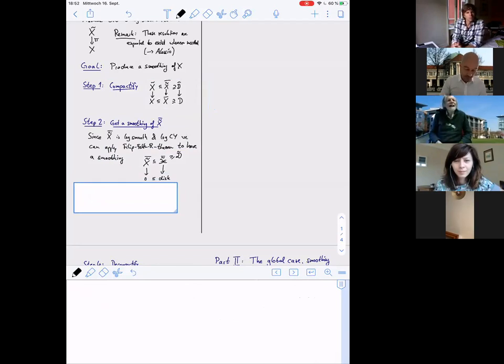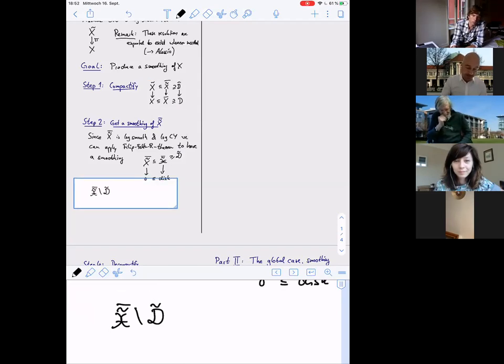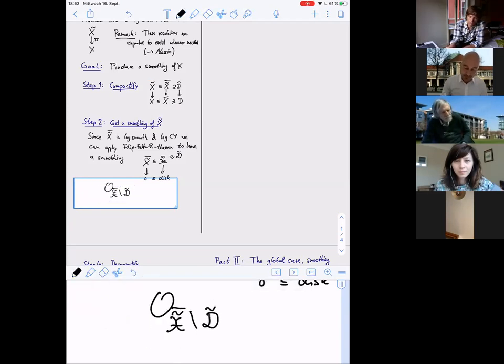So look at the smoothing space minus the divisor. And so that has a structure sheaf. Take global sections of the structure sheaf of that. That means pushing down the deformation.